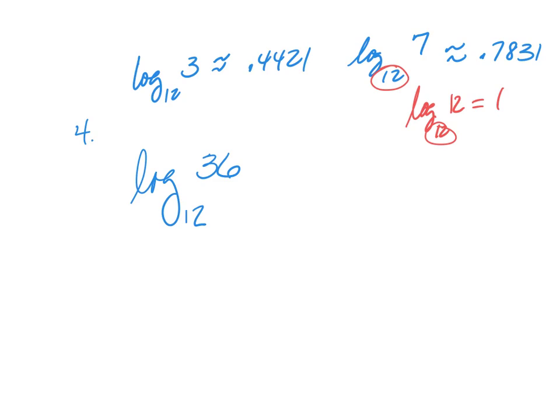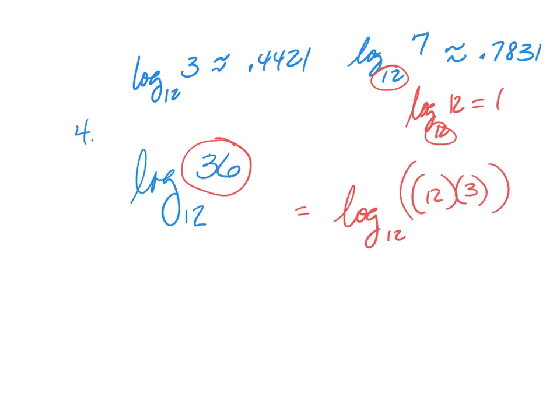Perfect. Log base 5 of 5, because sometimes you have to use that in order to solve the question. And this is one of those times. So you're going to find a way to break up 36, not exponentially, but by using multiplication or division, okay? So 36, is it not the same as the log base 12 of 12 times 3?